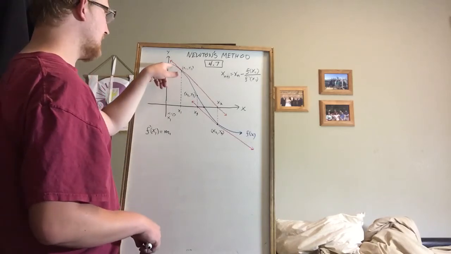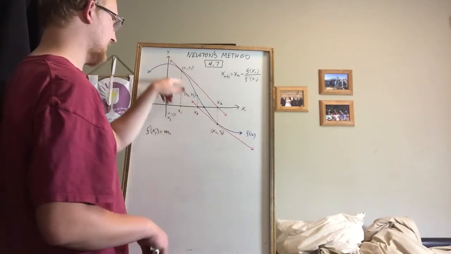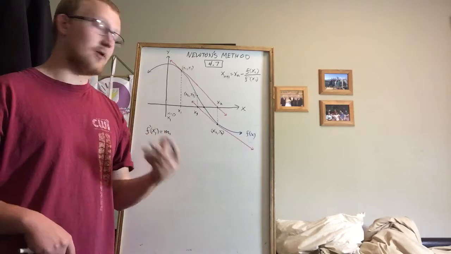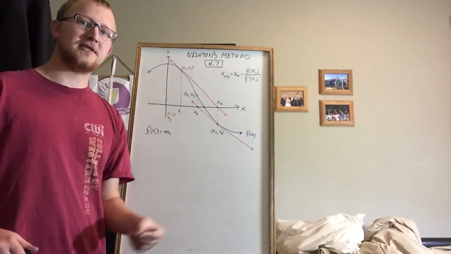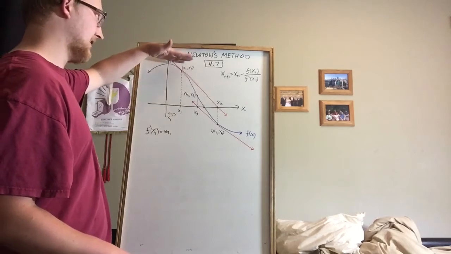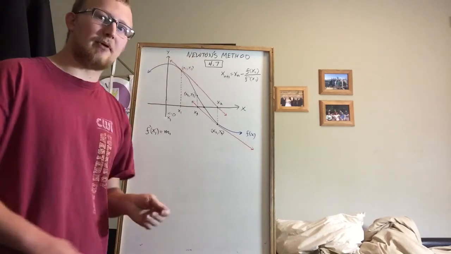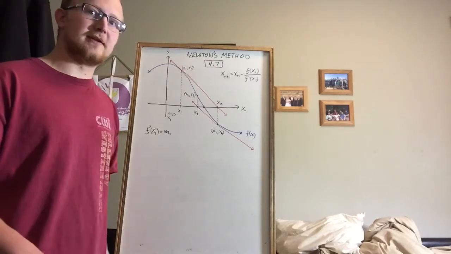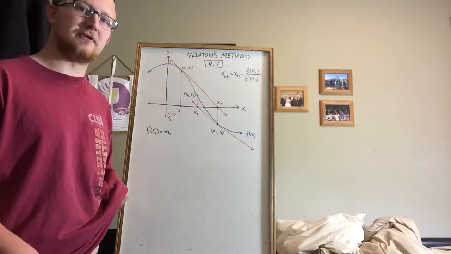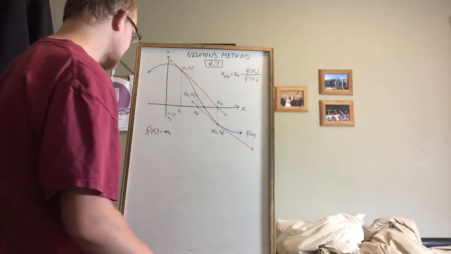But if you're anywhere in this range, from about there to there, you're going to end up finding a pretty good approximation after a few iterations. If you find that you're getting nowhere with the method, that probably means that you are picking a point where the tangent line has a slope of 0, and so it never crosses the x-axis.